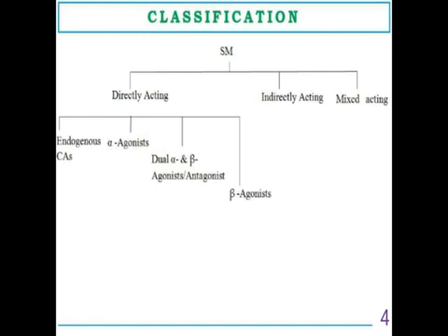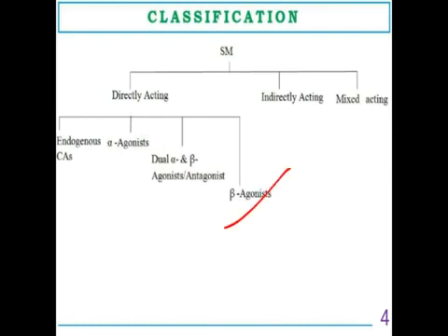Now, classification of sympathomimetic drugs. These are classified into three types: directly acting, indirectly acting, and mixed acting. In the directly acting, there are endogenous catecholamines, alpha agonists, dual alpha and beta agonists, and beta agonists. The drugs which act on the alpha receptor are alpha agonists; which act on the beta receptor are beta agonists.